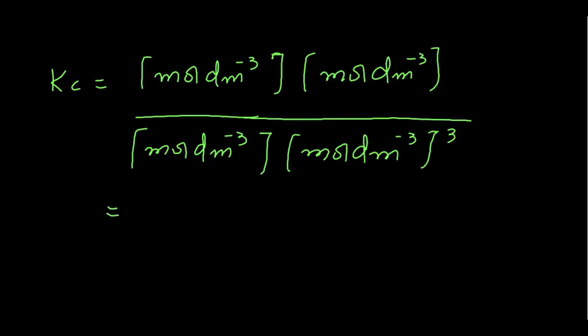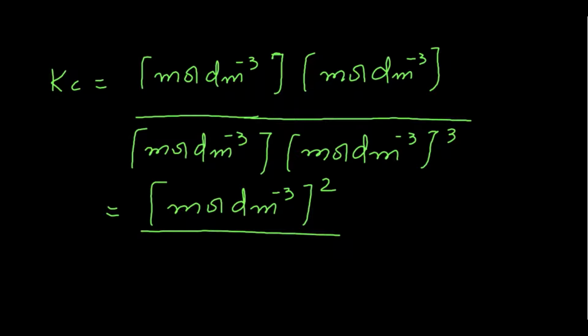Or Kc is equal to mole per cubic decimeter, right students? 1 plus 1 is equal to 2, right students? And here mole per cubic decimeter, mole per cubic decimeter, right students? 3 plus 1 is equal to 4.